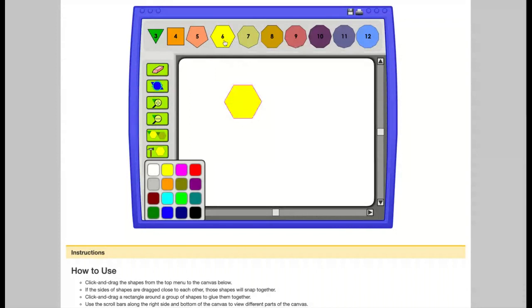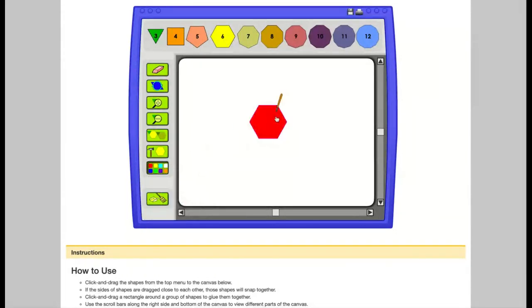So like I said, I usually start drawing with the bigger one. Make that red. So each vertex is going to have a triangle, hexagon, triangle, hexagon.